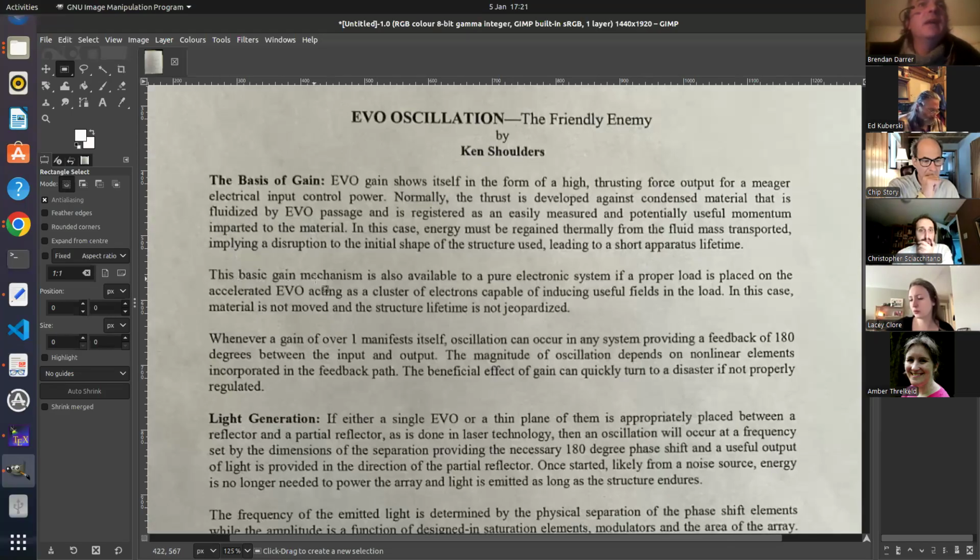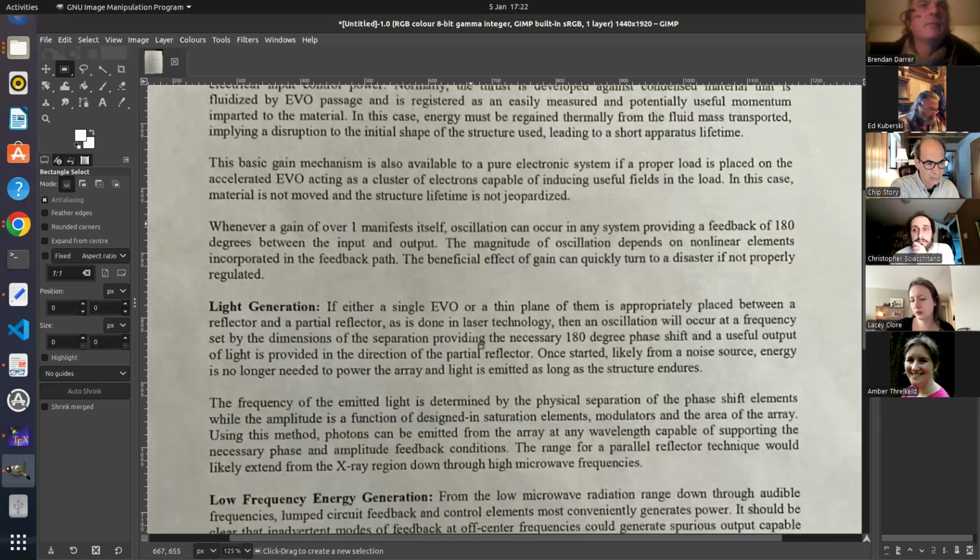This basic gain mechanism is also available to a pure electronic system if a proper load is placed on the accelerated EVO, acting as a cluster of electrons capable of inducing useful fields in the load. In this case, material is not moved and the structure lifetime is not jeopardized.